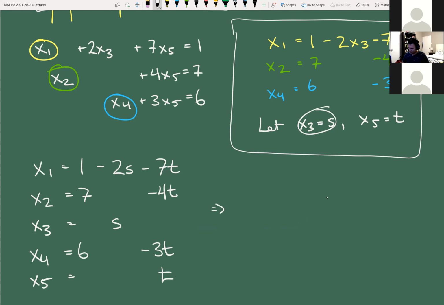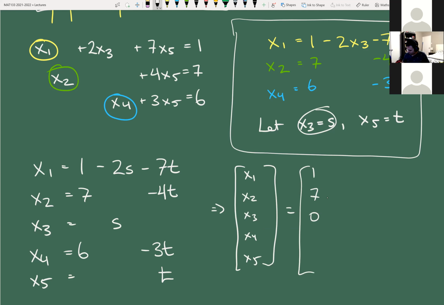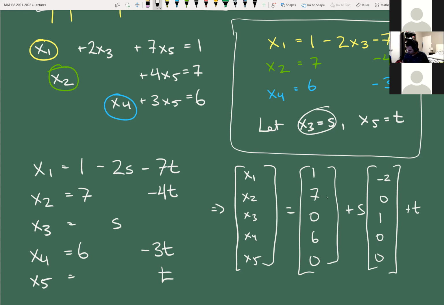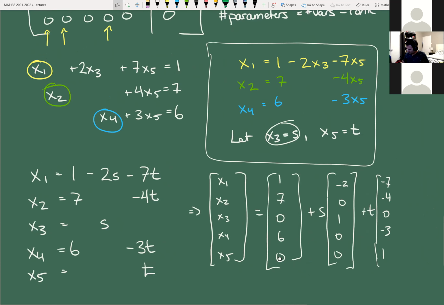Okay? And then if we want to write this as a linear combination of vectors, we would get this.